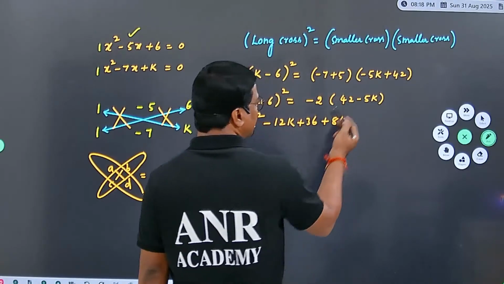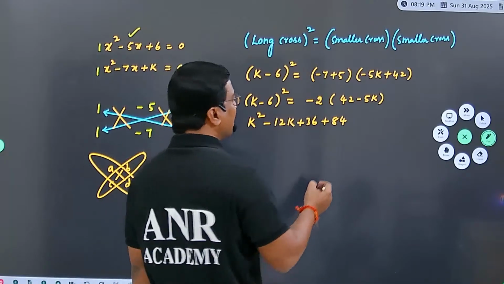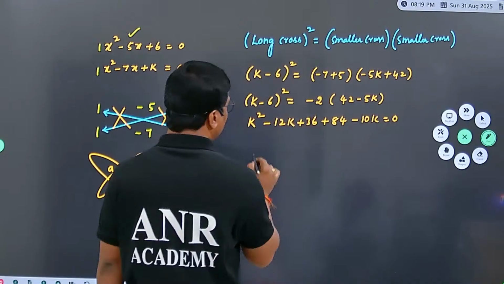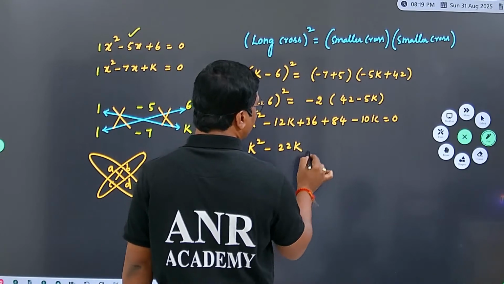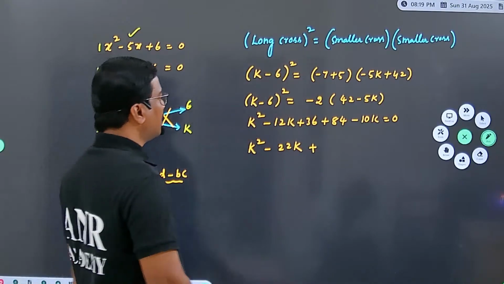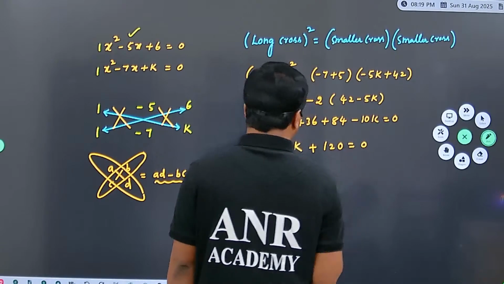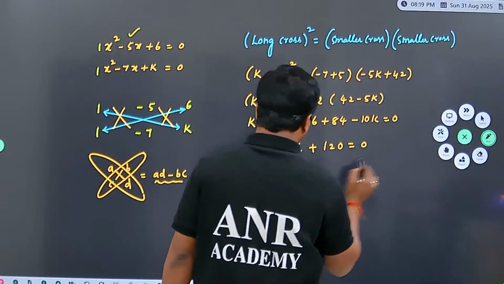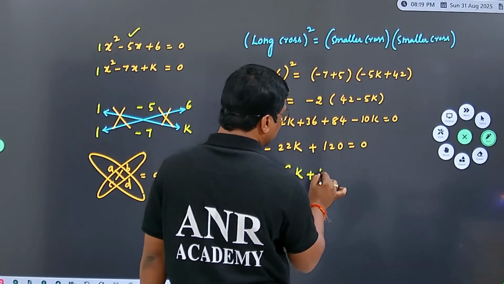Next, minus 2 into minus 5k, that is plus 10k. Taking into the left side, minus 10k equals 0. So that k square minus 22k plus 36 plus 84, that becomes 120, equals 0. It looks like a second degree equation, k square minus sk plus p equals 0.